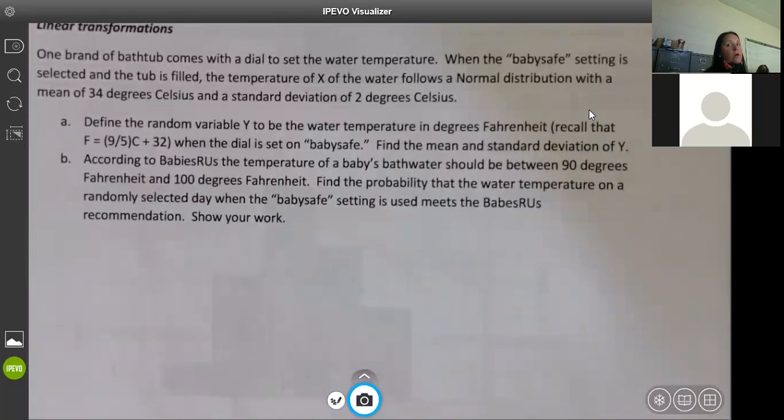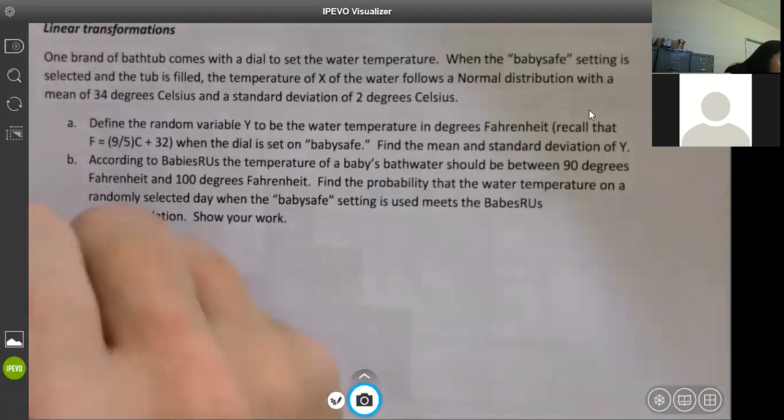So mean is 34, standard deviation is 2. We want to change that to Fahrenheit. Define the random variable Y to be the water temperature in degrees Fahrenheit. Recall that Fahrenheit is 9/5 C plus 32. When the dial is set on baby safe, find the mean and standard deviation of Y.